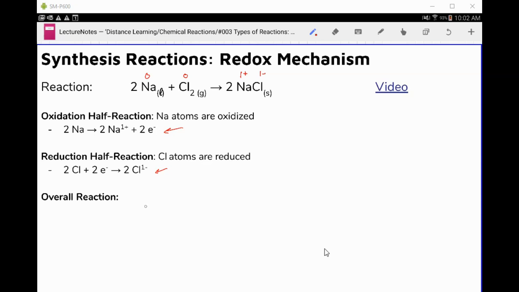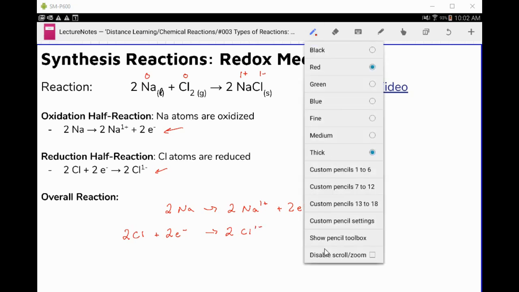Overall, we can write this reaction where 2 sodiums form 2 sodium ions and 2 electrons. And if we look at the reduction half reaction, we have 2 chlorines plus 2 electrons form 2 Cl1 minus ions.